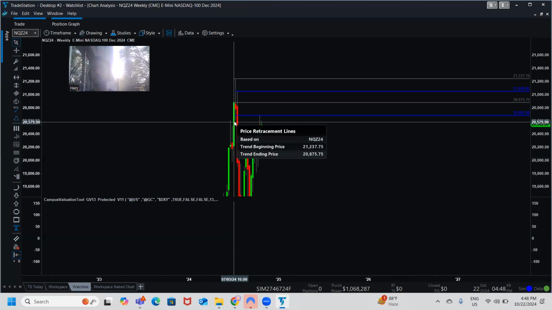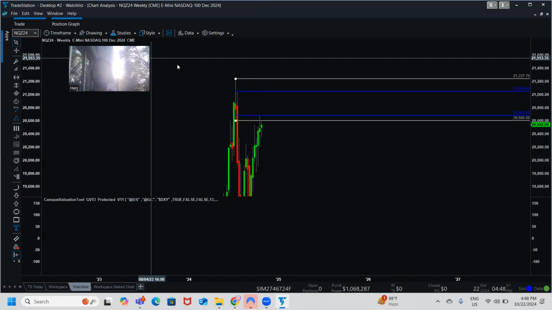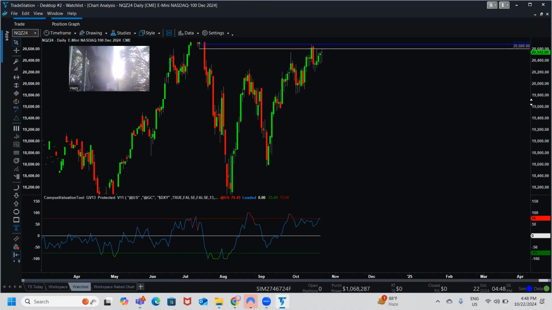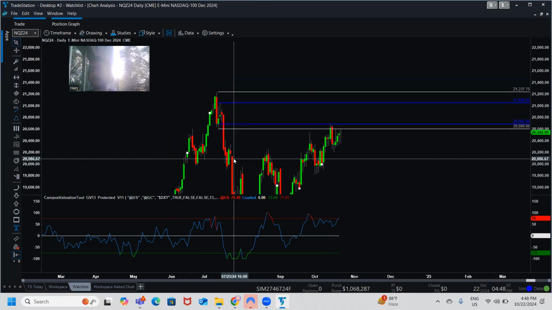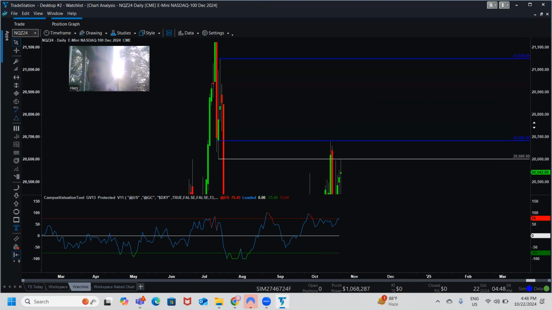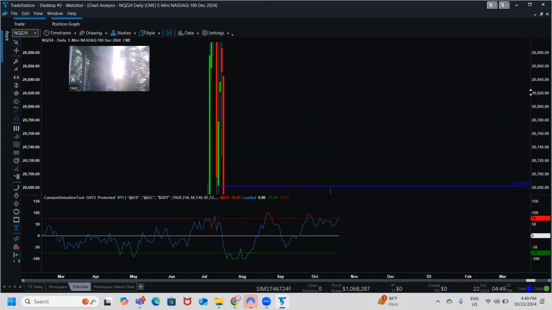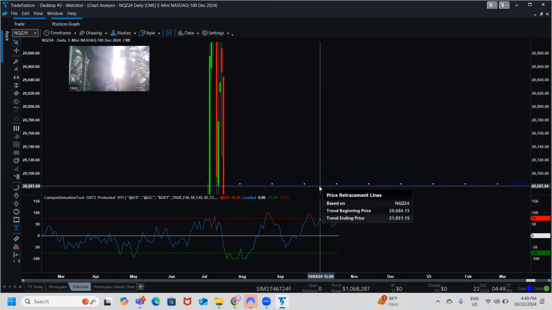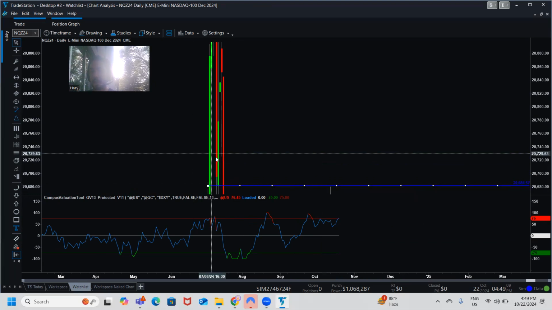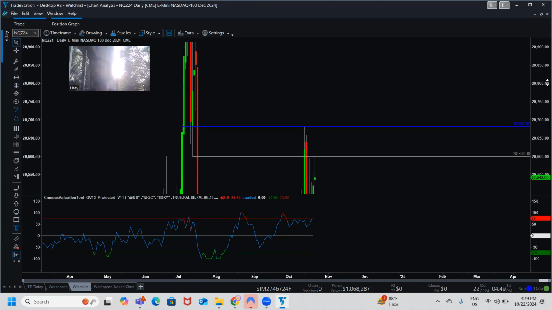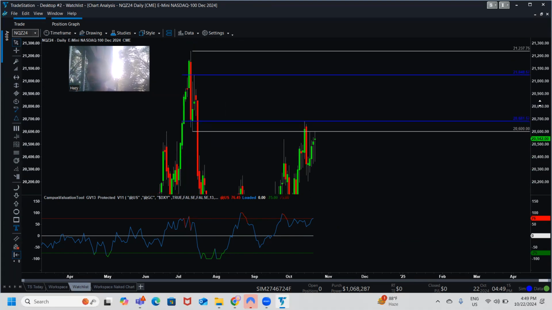It touched the wick to wick version. And now if we go to the daily chart, we can see that price hasn't really touched this daily supply zone. Look, it missed by nothing. So that's another thing that we have to consider.